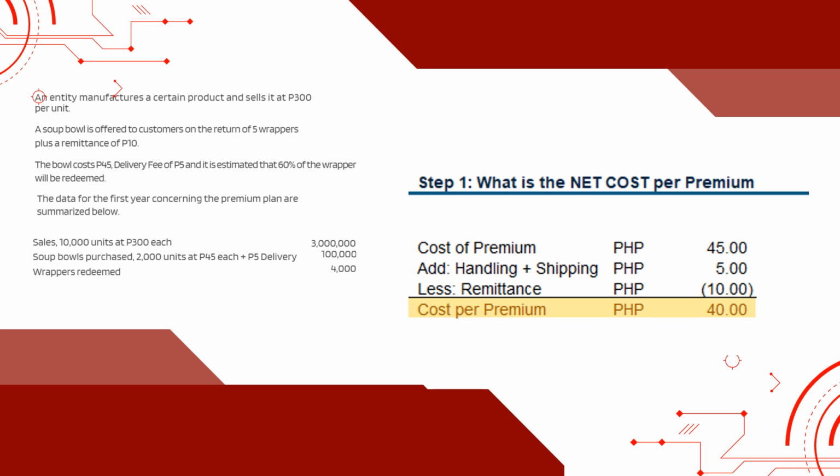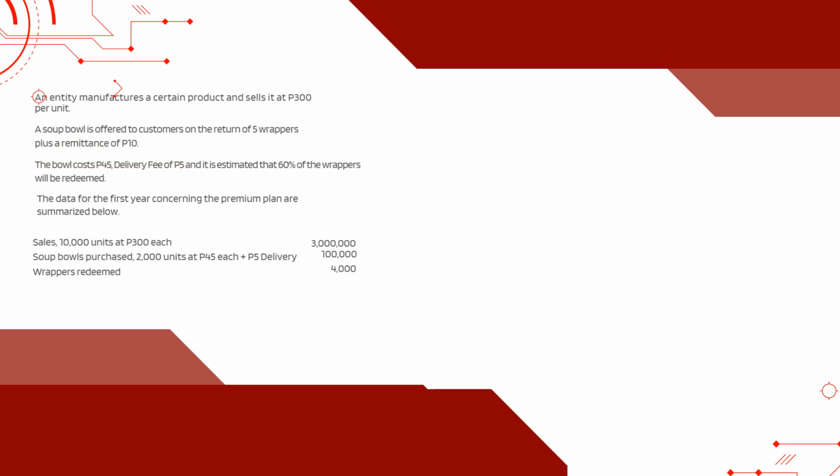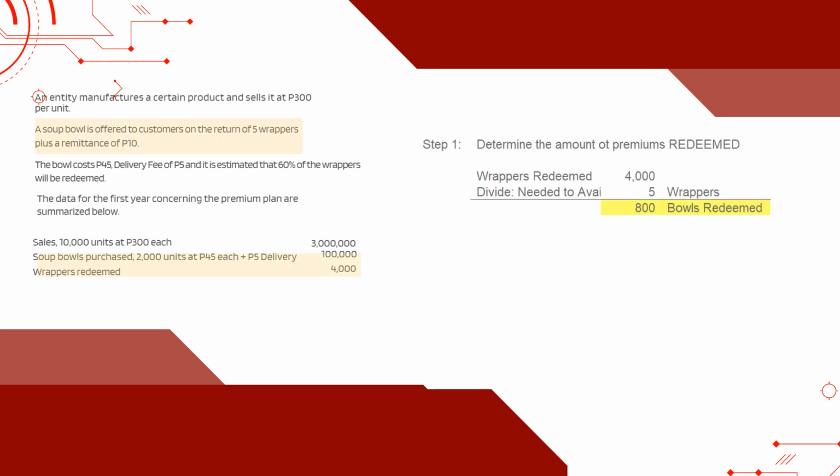So, that's the first thing I need you to understand. When you see a premium, the automatic first step is to get the net cost per premium. From there, you will be able to get your premium expense and premium liability, right? So let's first start with how you get your premium expense.